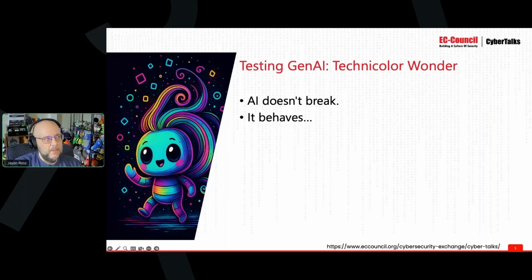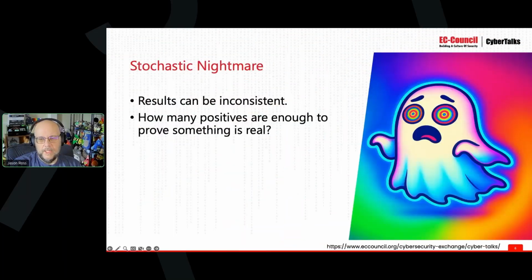So what does that mean? It means we're stuck with this thing where results can be inconsistent, right? If I send an attack 5 times, maybe only one of those times it works, the rest of the times it doesn't work, because LLMs are non-deterministic, which means the test results are going to be different when they come back. You can do things to reduce that.